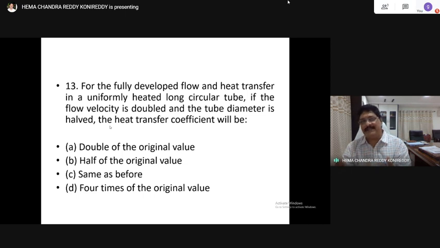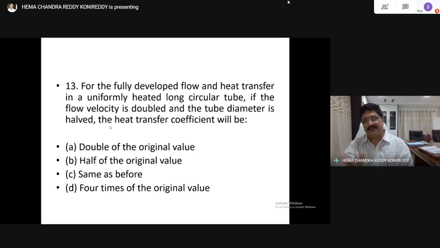When the Reynolds number is not changing, the characteristic of the fluid is not changed, so the Prandtl number remains the same. For a tube flow, Nu is equal to 0.023 Re to the power 0.8 Pr to the power n. Prandtl number is not changing, Reynolds number is not changing, therefore Nu will not change.